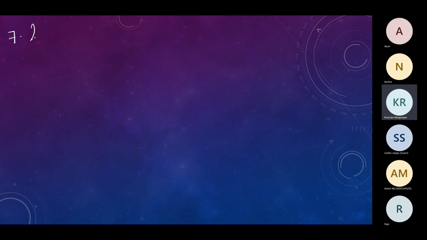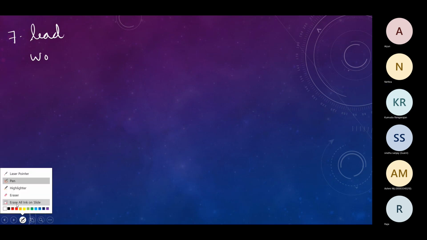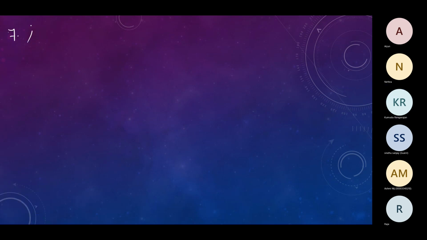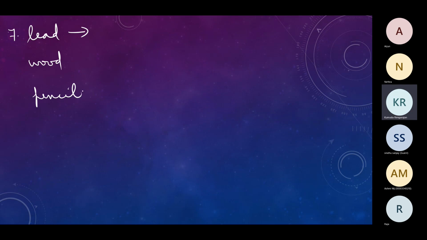So we're writing lead, wood, and pencil. Now lead: just imagine that lead in the pencil. It is a solid cylinder of radius r and height h.